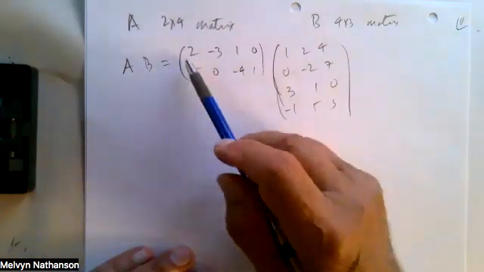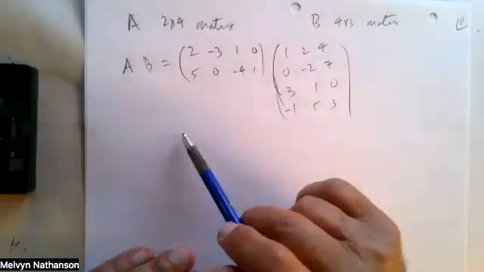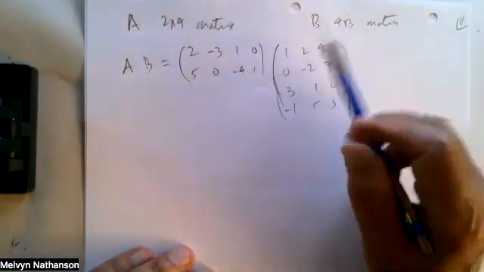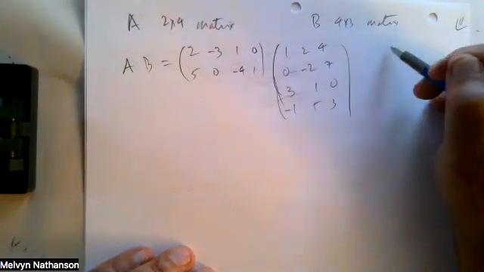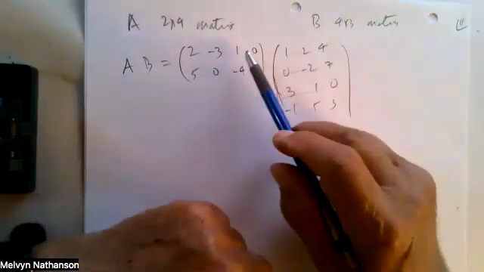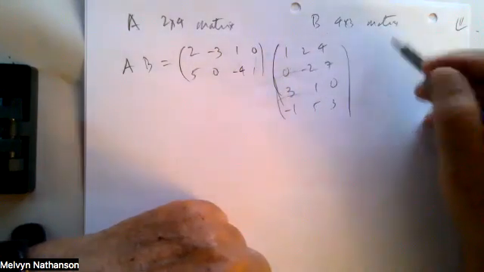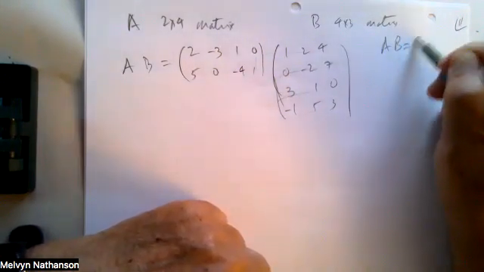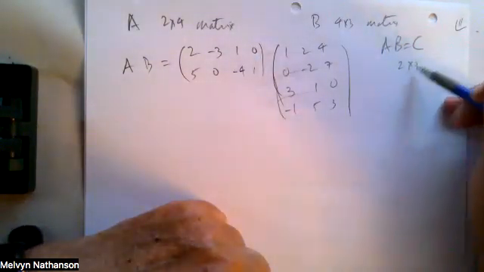So this is 2 by 4, A. 2 rows, 4 columns. B is 4 by 3. 4 rows, 3 columns. And the number of columns of A equals the number of rows of B. And if AB is the matrix C, C will be a 2 by 3 matrix.